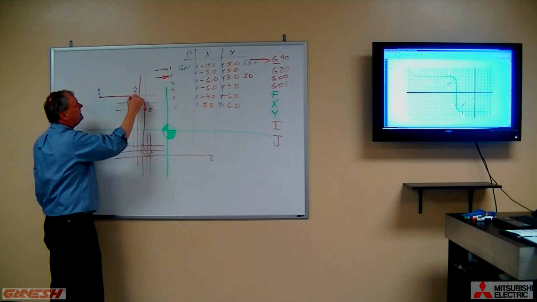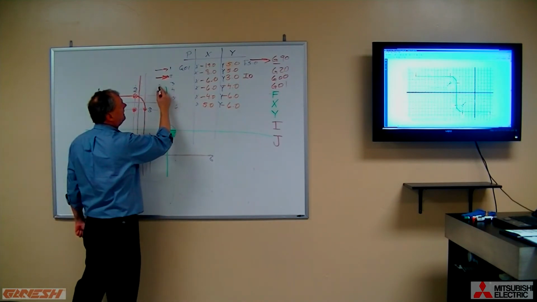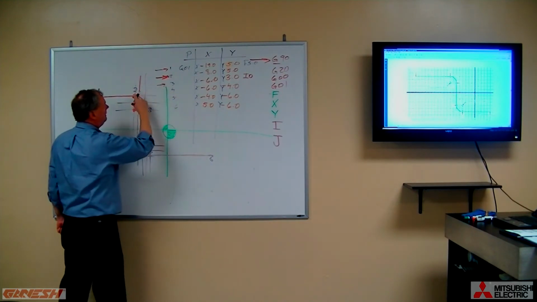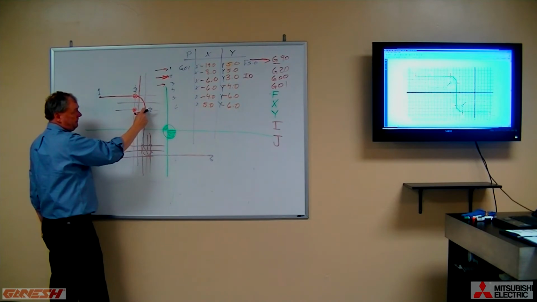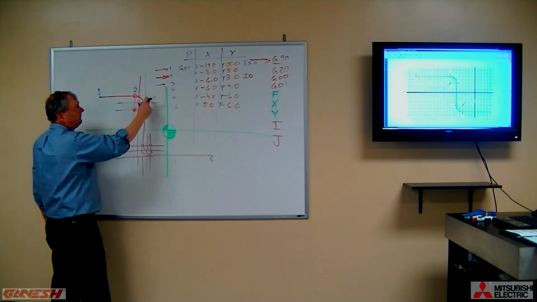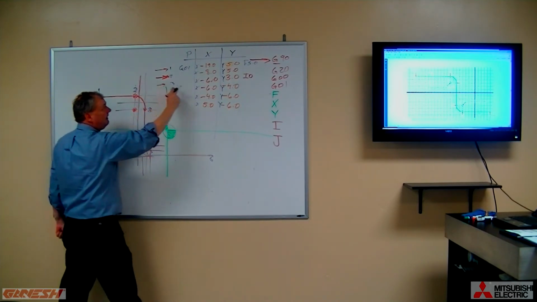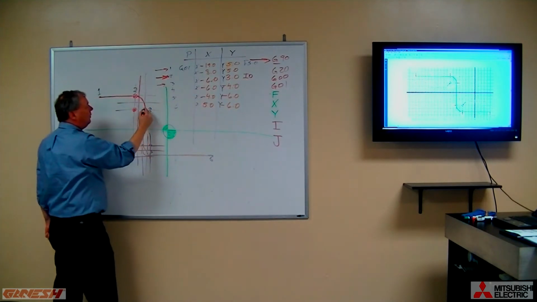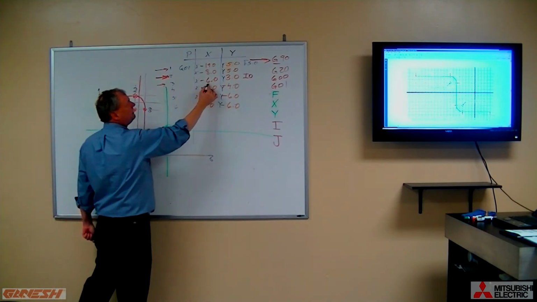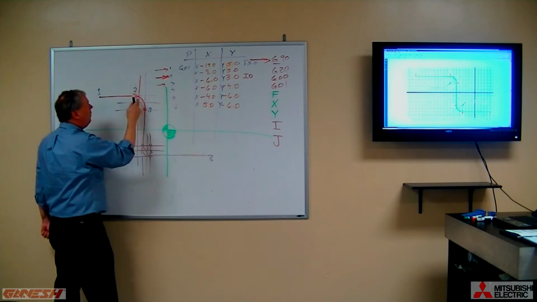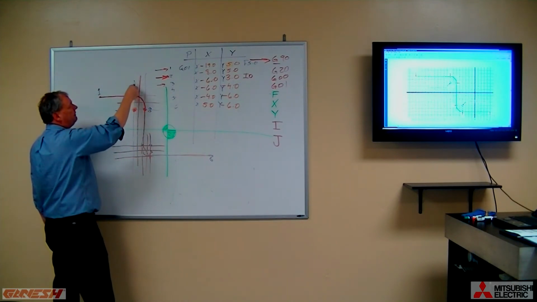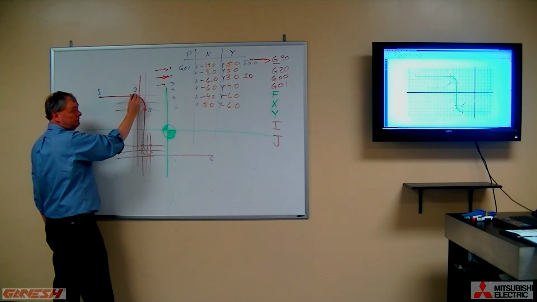Because if we're sitting here, the next block we need to execute is the one that will put us to number 3. So in that block, we need to identify not only where we're going to end up, which we've already done, but where is the center of my circle in relation to where I'm sitting right now.